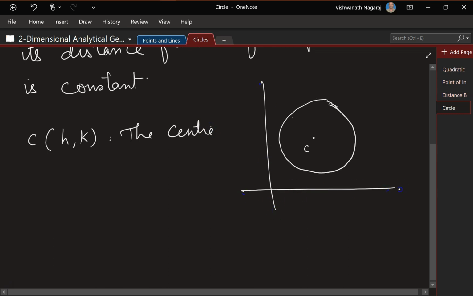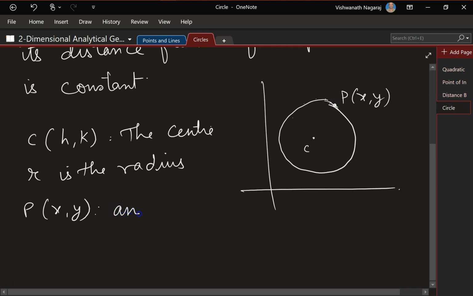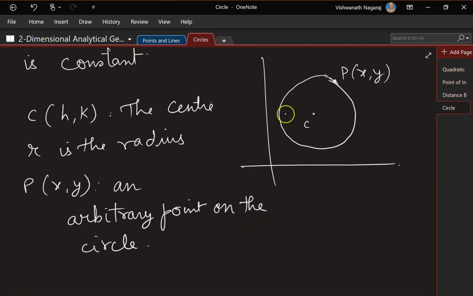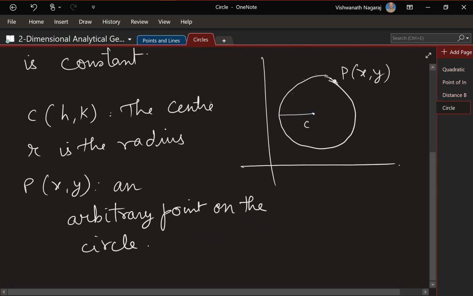Remember, we put a coordinate system. R is the radius. P(x, y) is an arbitrary, random point on the circle. And this is our radius.